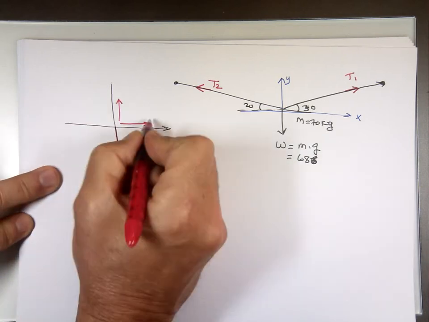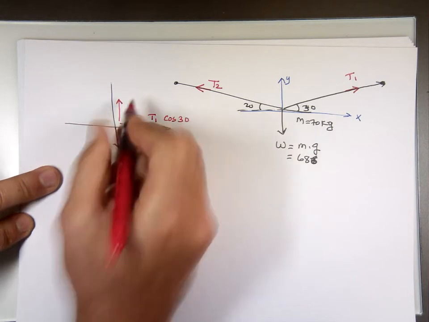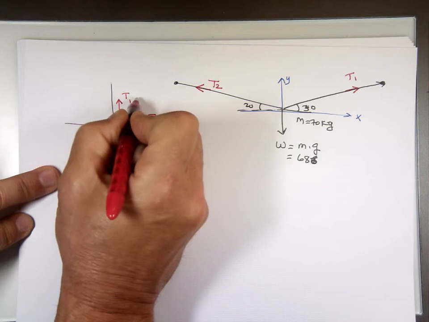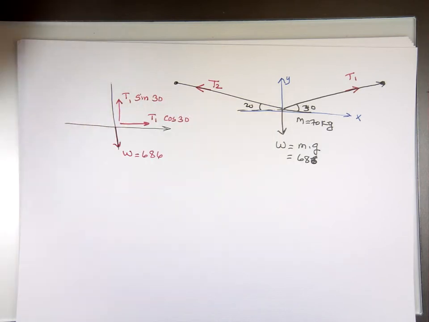In this direction, T1 cosine of 30. In this direction, T1 sine of 30. T2. Let's look at T2.